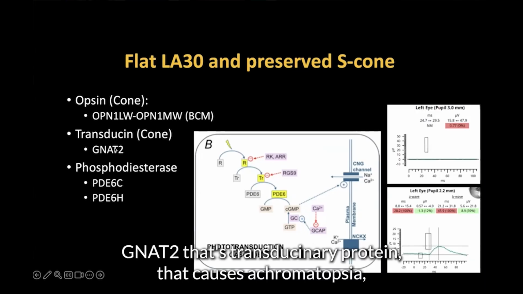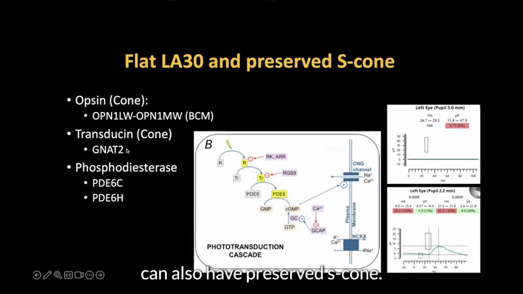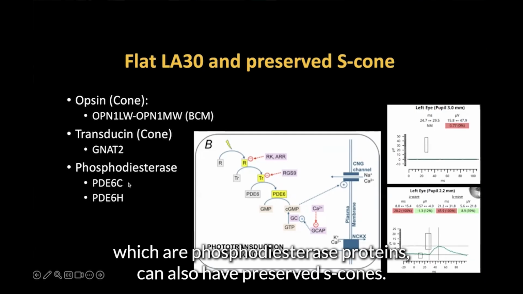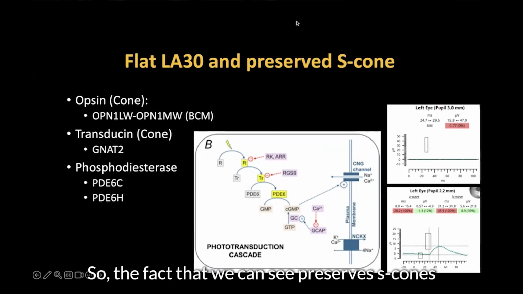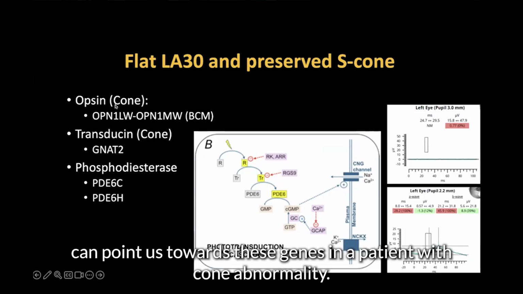GNAT2, that's the transducin protein that causes achromatopsia, can also have preserved S-cone. And PDE6C and PDE6H, which are phosphodiesterase proteins, can also have preserved S-cone. So the fact that we can see preserved S-cone can point us towards these genes in a patient with cone abnormality.